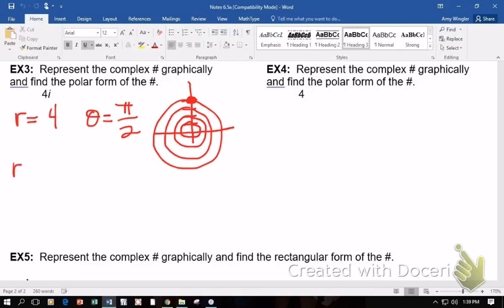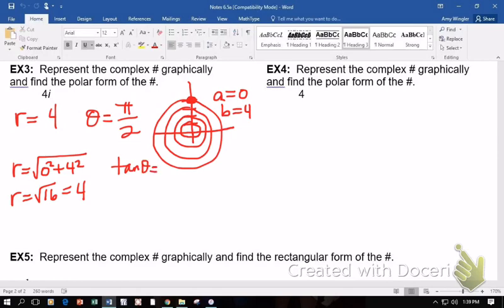If you actually plugged it into your formula, you know that A is 0 and B is 4. So you'd get the square root of 0 squared plus 4 squared, which is the square root of 16, or 4. The tangent of theta equals B over A. That's undefined.